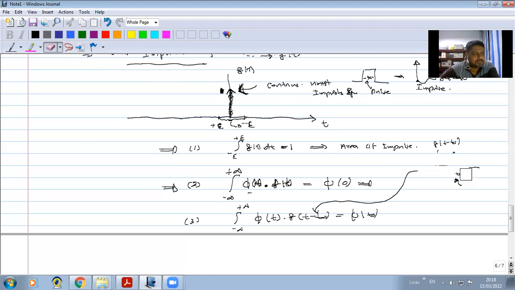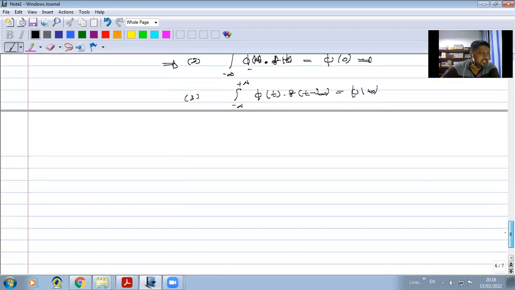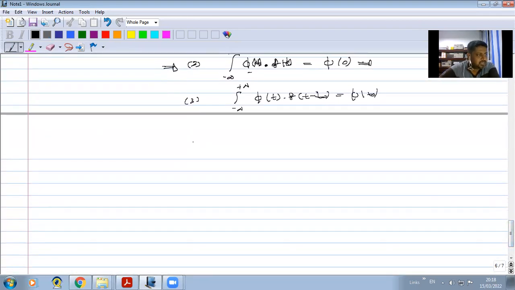These are the most important definitions of the impulse signal, and we also have two properties. One property is the time reversal property, and the second property is time scaling. You can learn these in time transformation.